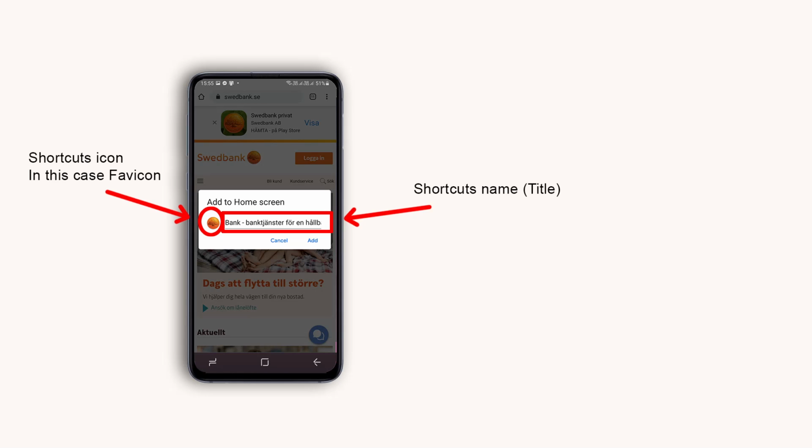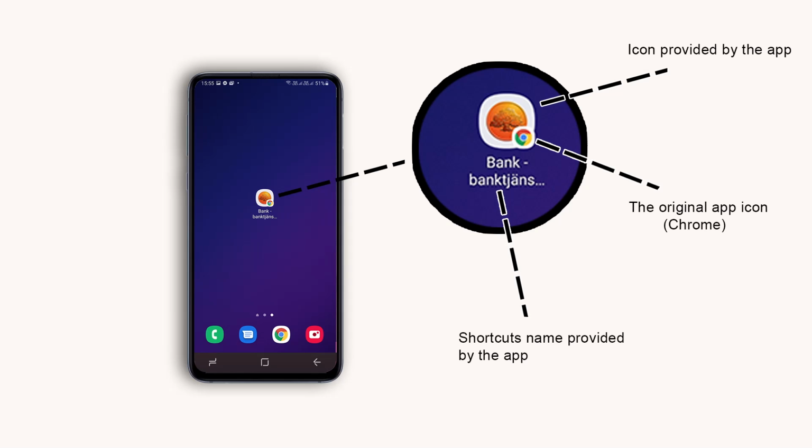They can have any type of icon they want. And then it asks for a name, which is provided by the app, which in this case is Google Chrome. When you click on OK, a shortcut will be installed on your home screen with that icon and the name that you provided in the pop-up.